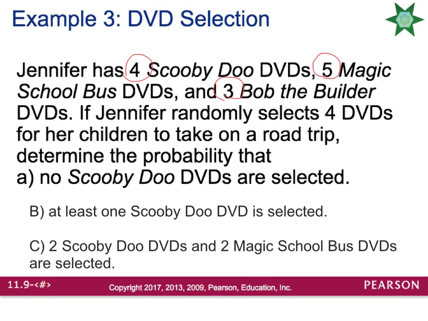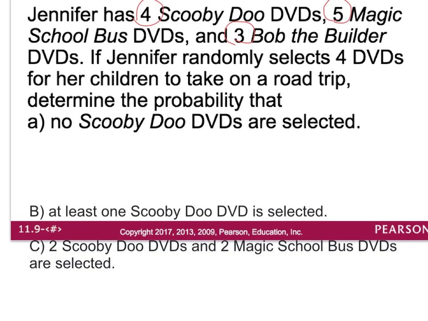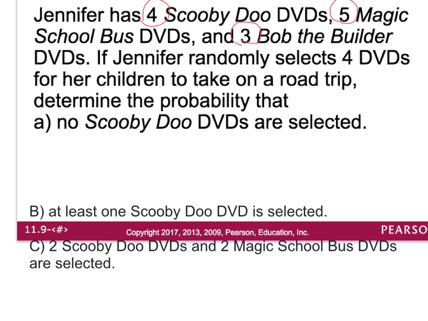So first thing we want to do in general is figure out our denominator, which is the total number of possible ways to pick the DVDs. So we'll have to do 12 combination 4. And that's going to tell us all the ways to pick just 4 DVDs out of 12. Now, we do not want Scooby-Doo. So that means there's 5 Magic School Buses that we could pick and 3 Bob the Builders that we can pick.